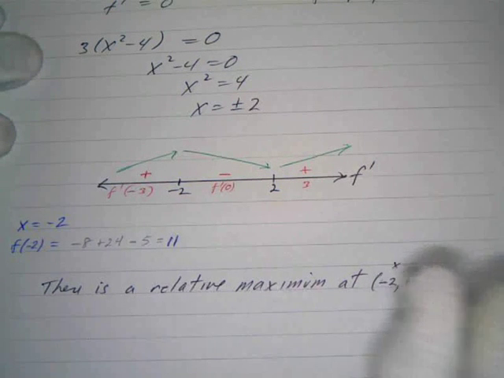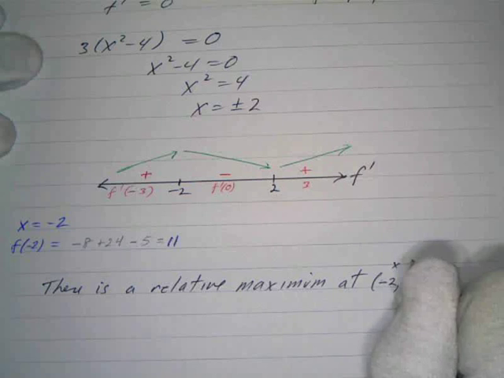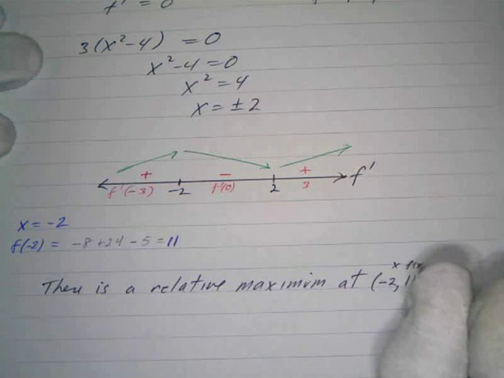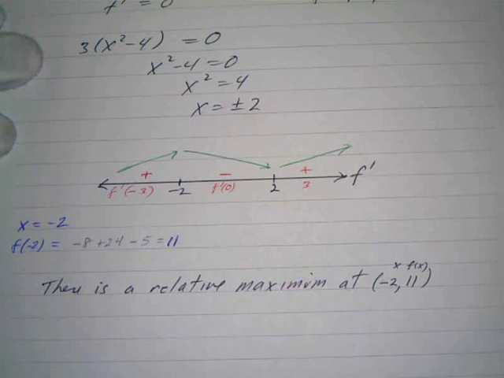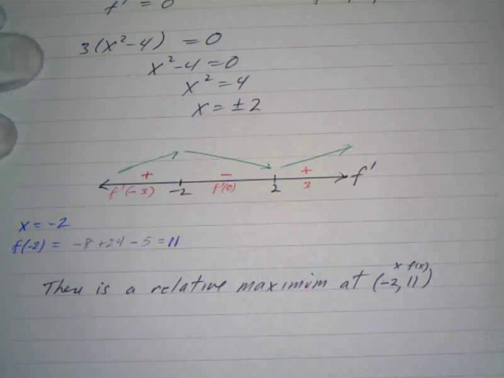So this is the x, and this is the f of x or the y. Okay, there's a relative maximum at (-2, 11), or at x equals -2, the relative maximum is 11.